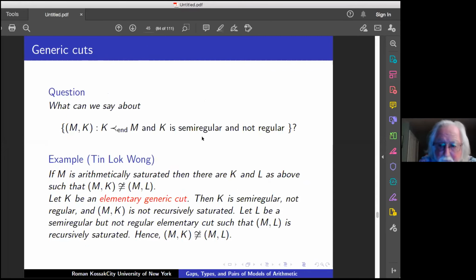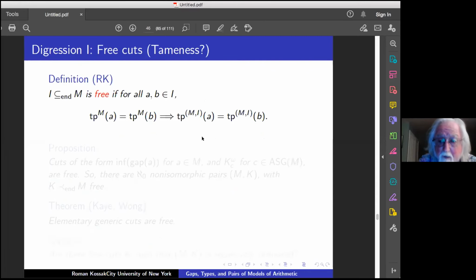I mean, the Ehrenfeucht-Fraïssé arguments. In Ehrenfeucht-Fraïssé, that's more recursive saturation than resplendence, I would say. Yeah, Fraïssé was from Algiers in Algeria.